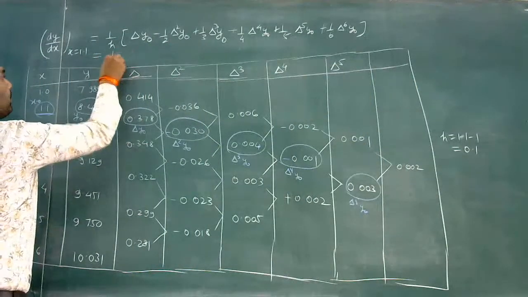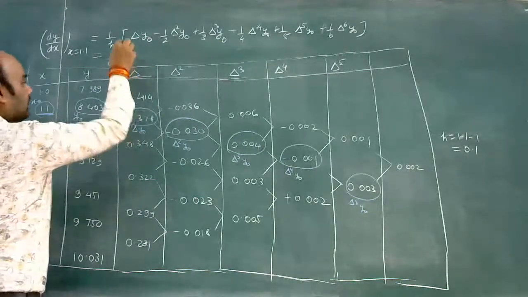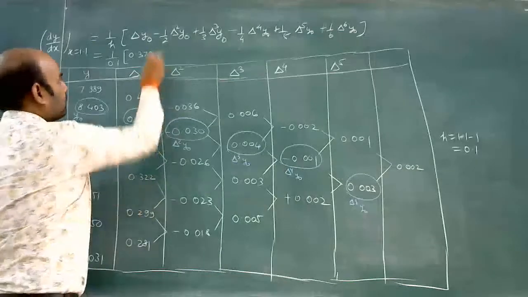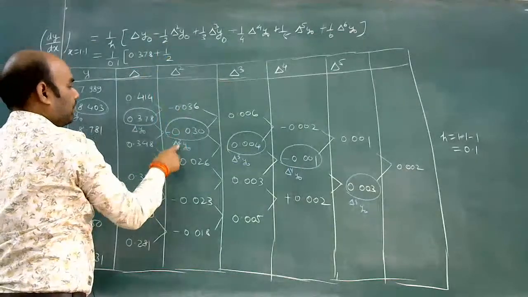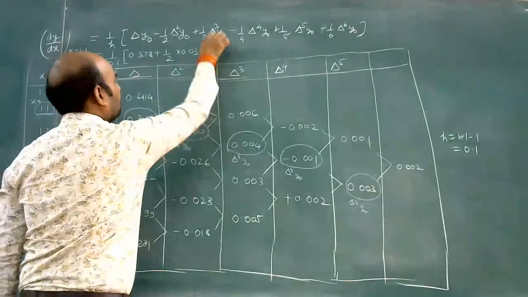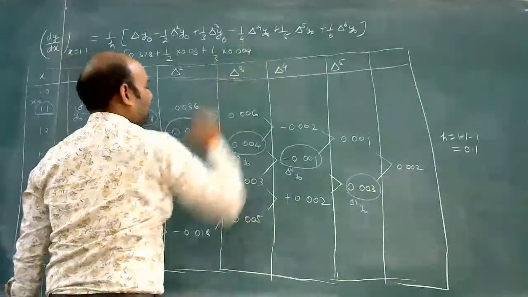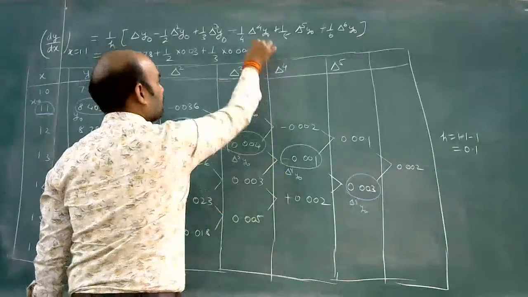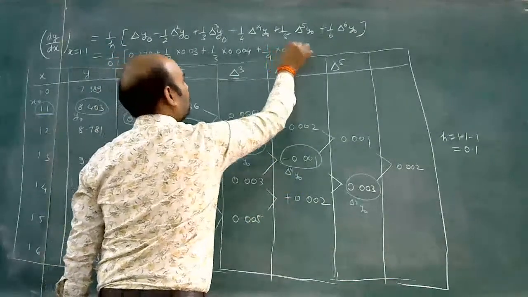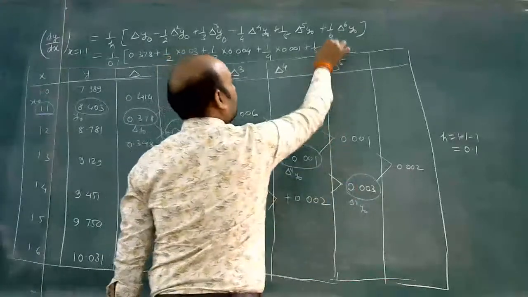So this will be 1 upon 0.1 times [del y naught, which is 0.378, minus half del square y naught, which is 0.03, plus 1 upon 3 del cube y naught, which is 0.004, minus 1 upon 4 del to the power 4 y naught, which is 0.01, plus 1 upon 5 del to the power 5 y naught, which is 0.02].